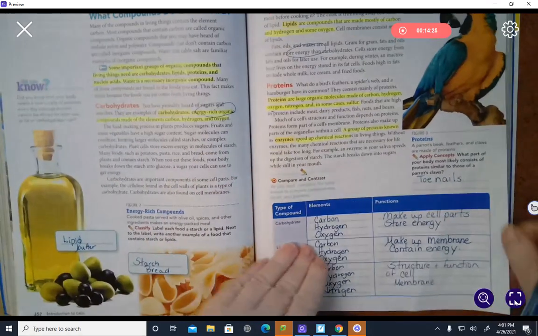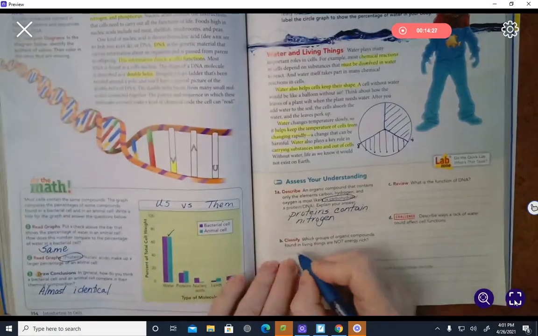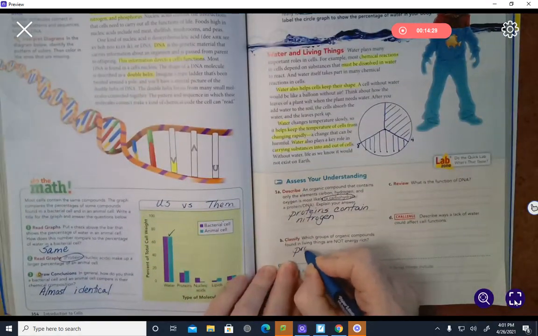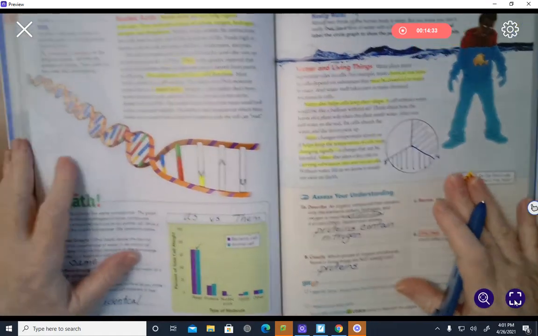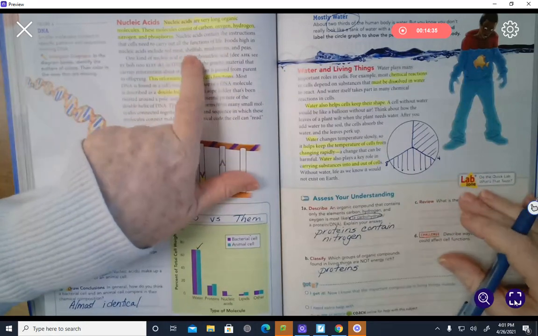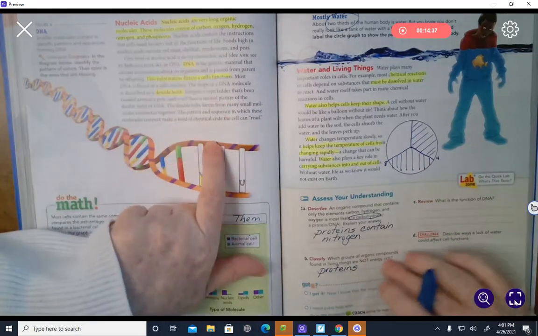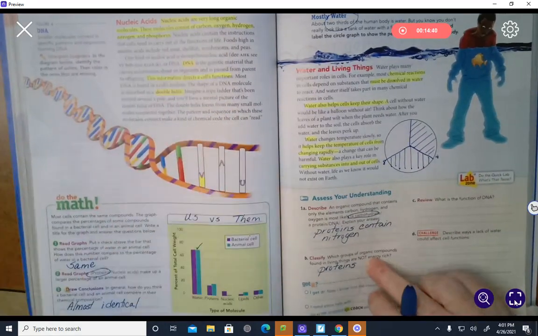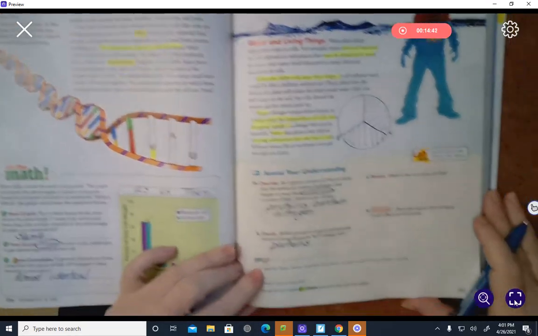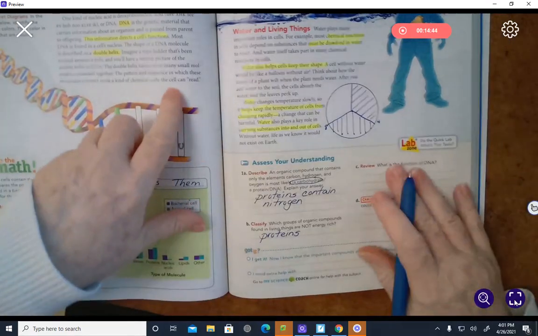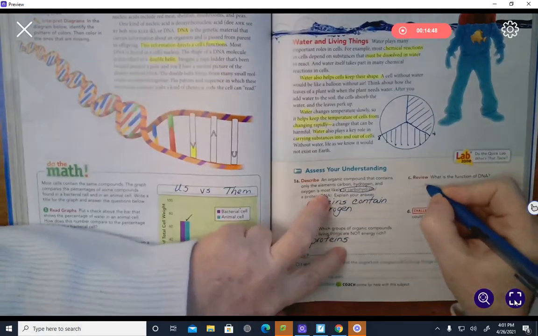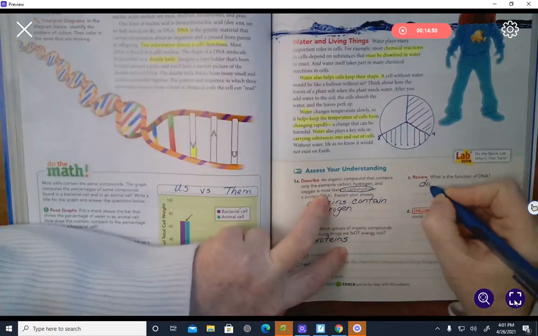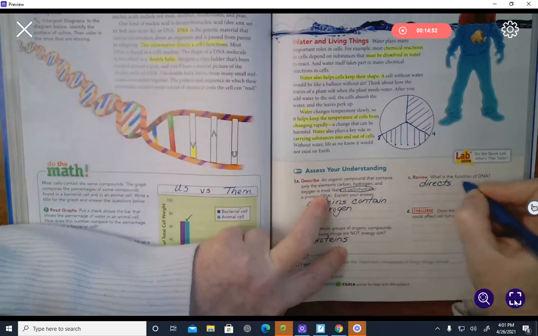Doesn't really say, so I'm going to go ahead and say proteins. Over here nucleic acids contain instructions, and they might want you to put the nucleic acids, but I'm just writing proteins. What is the function of DNA? We went ahead and said it directs a cell's functions, right?